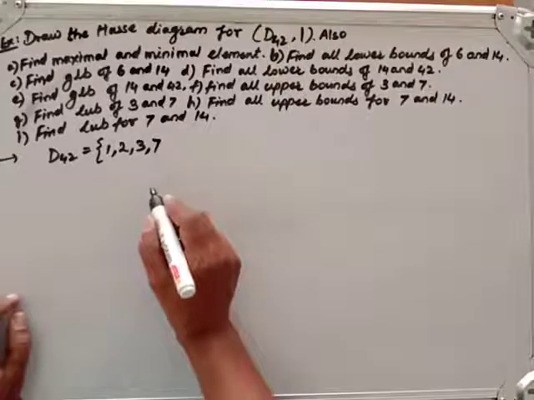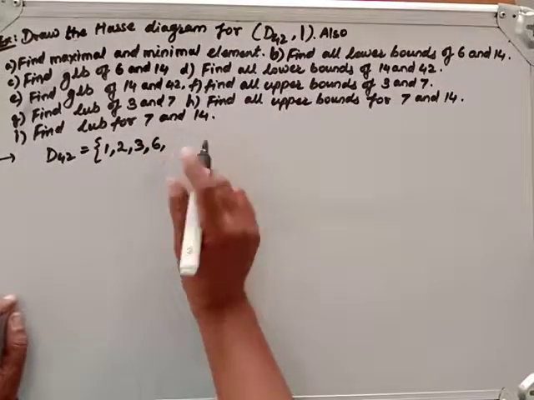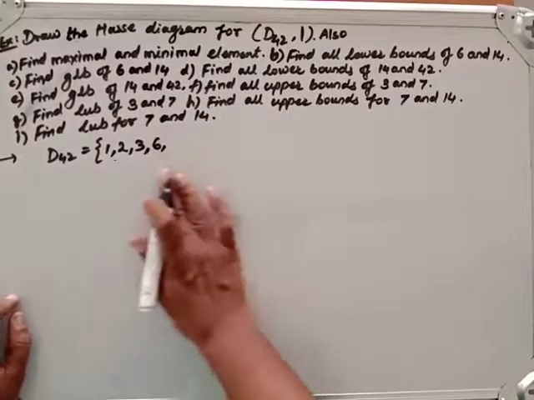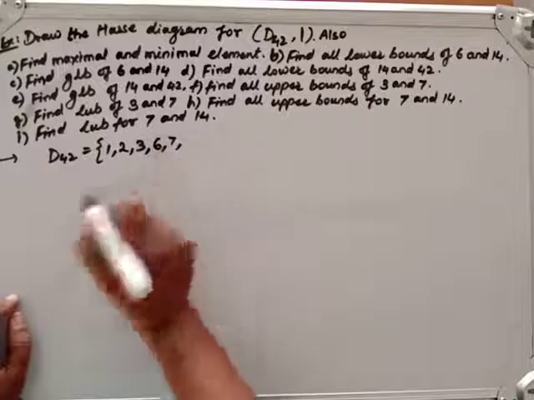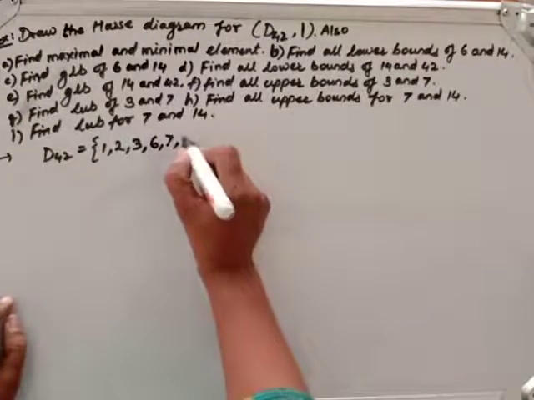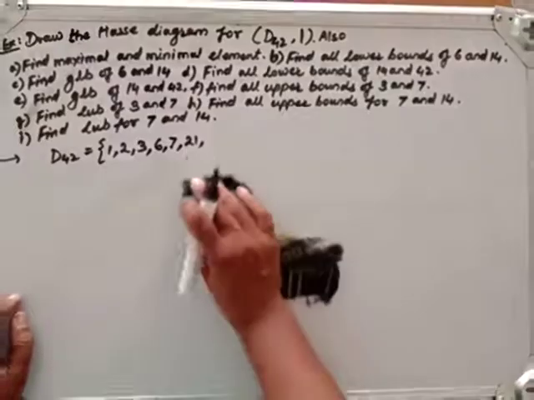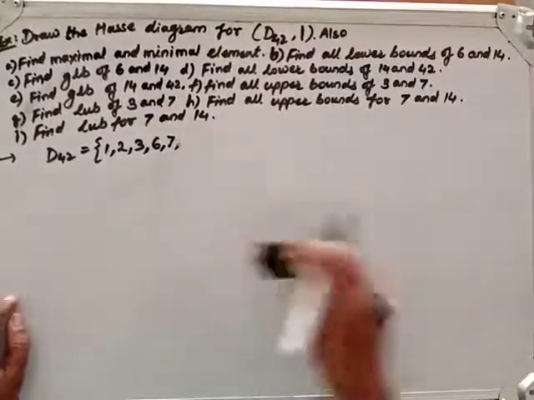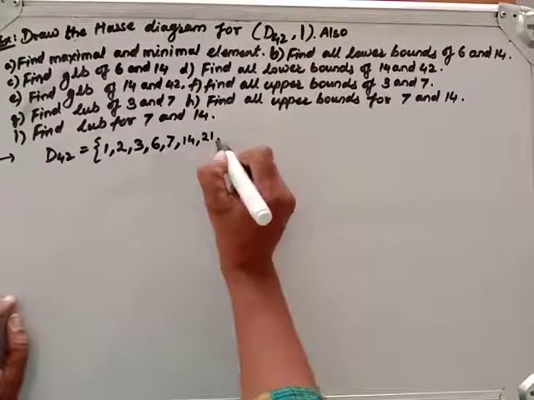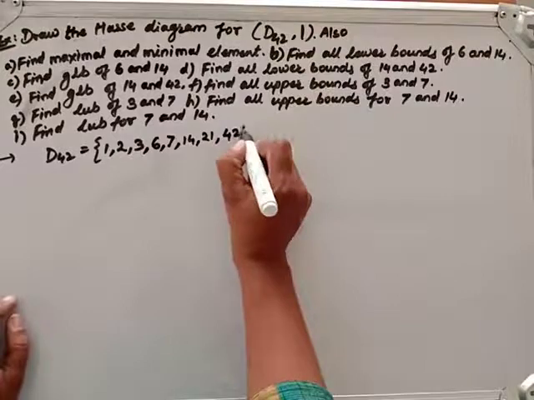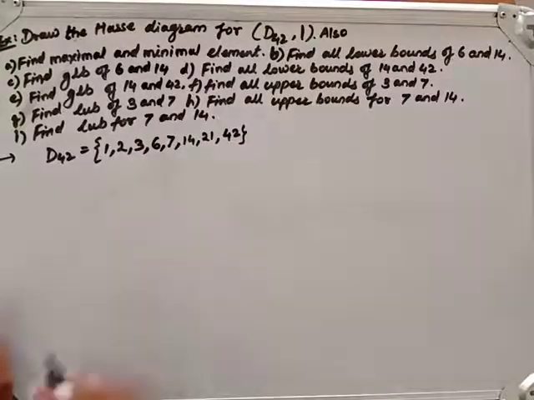Yes, 6 divides it, since 2 and 3 divide. Further, 14 divides it, then 21 divides it, and 42 divides it. Fine. So these are the elements of our poset.